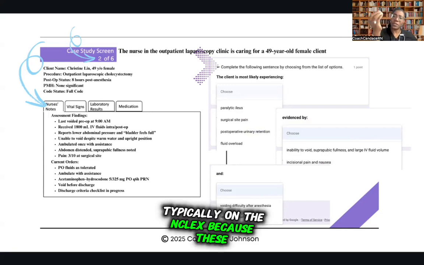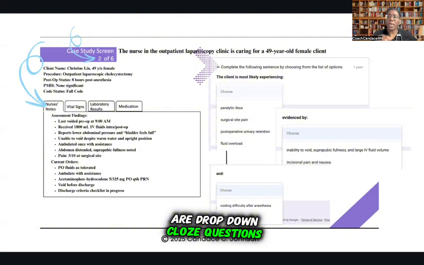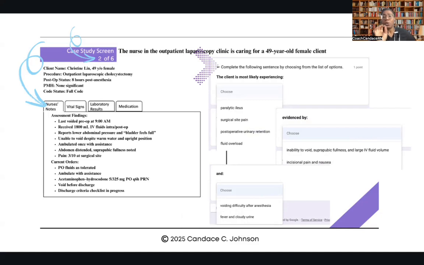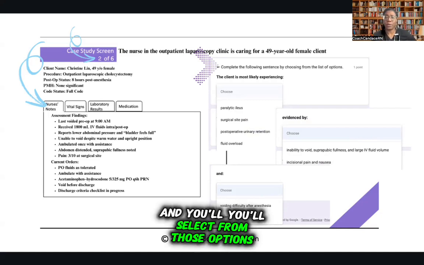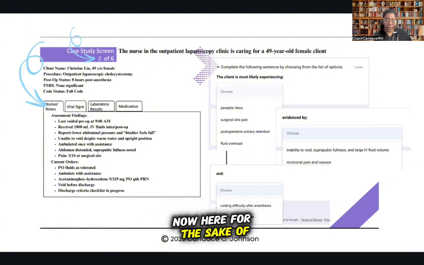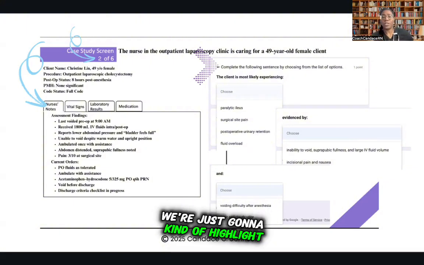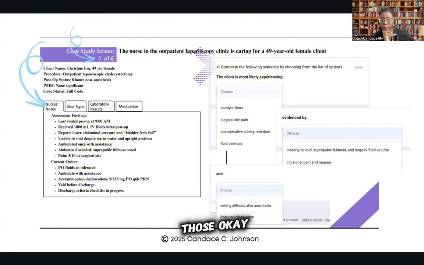typically on the NCLEX because these are drop-down cloze questions, and these are the type of questions where you're going to get a little drop-down option and you'll select from those options. Now here for the sake of this demonstration, we're just going to highlight those. Okay.